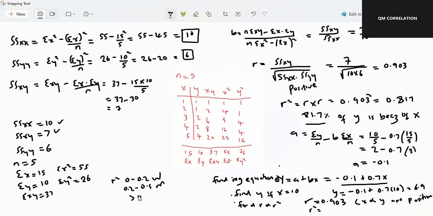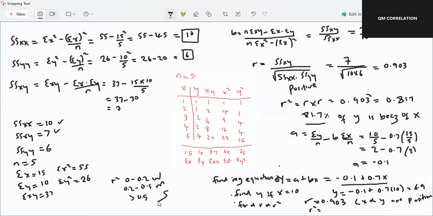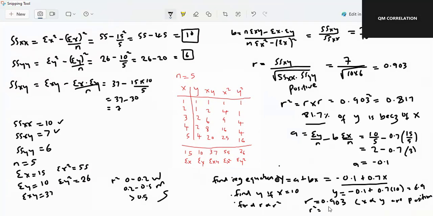Are we together? So it just measures the relationships that we have. So here we have 0.8167, so we can say 81.7% of Y is because of X. Are we together? Anyone behind?